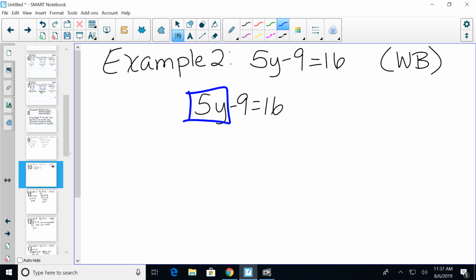What do we do to the term that has the variable? You're not listening to my question. You're telling me how to solve it. What did we do to that term 5y? It's not separated, it's together. So you put a box around it, so that's together, right? So we didn't separate it. What did we do in this problem to that term that has the variable? Look at the problem. What did we do to it?